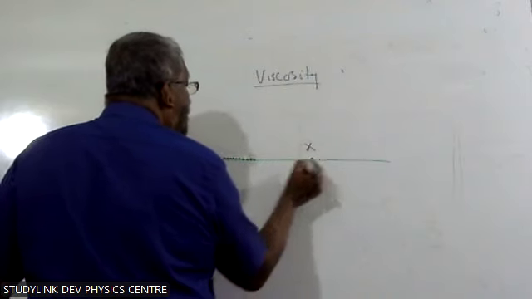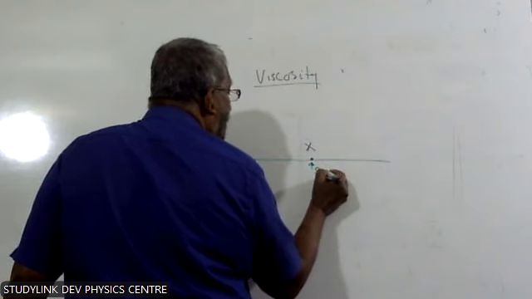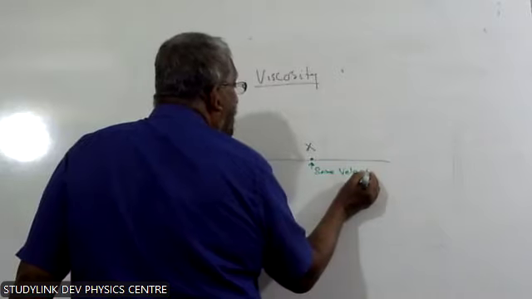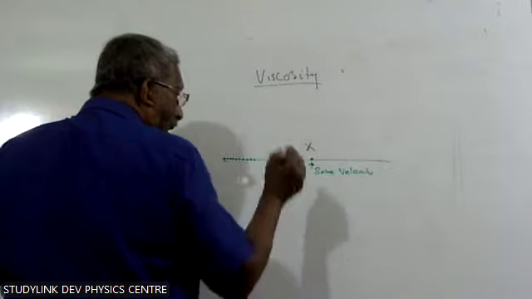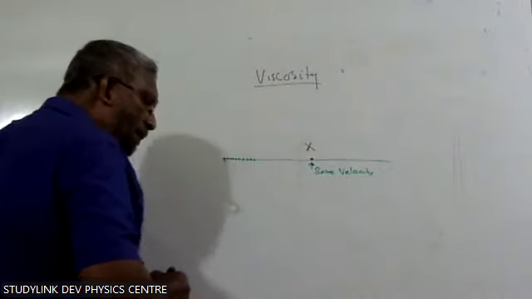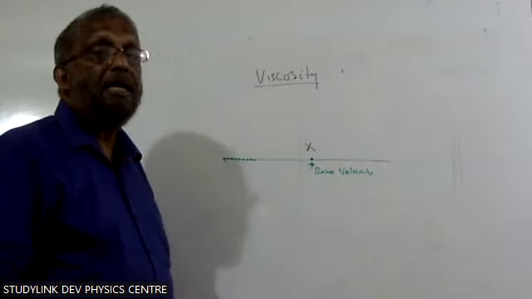All these particles which pass this point should have the same velocity. Velocity means with the direction, magnitude must be there. This type of flow of liquid is called steady flow.